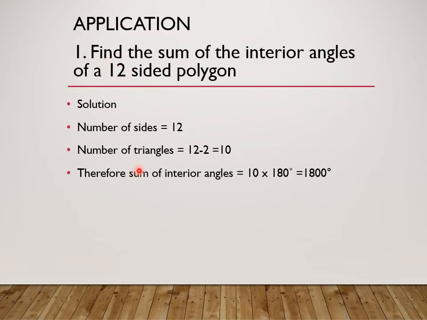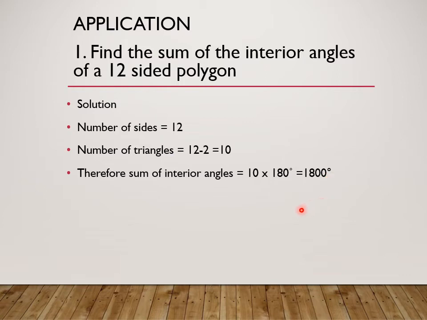Therefore, the number of triangles in a 12-sided polygon will be 12 minus 2. So we are going to have 10 triangles. And the sum of the interior angles will be 10 times 180 degrees, which is 1,800 degrees.